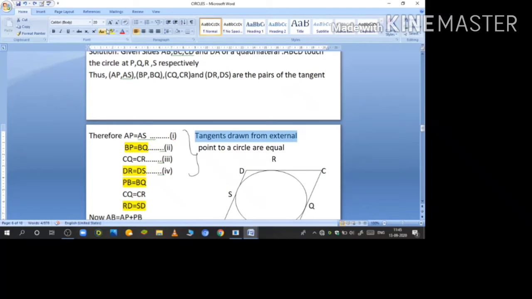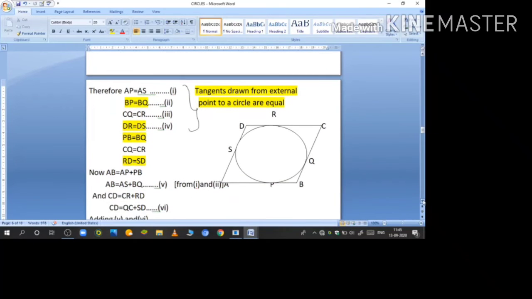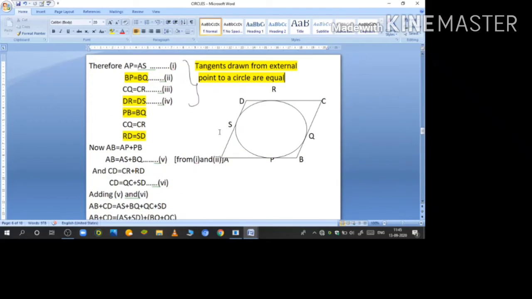Now, you see the length AB. AB can be written as AP plus PB. The line segment AB can be written as AP plus PB. If you see the diagram, AP plus PB. But here we have already told in points 1, 2, 3 and 4 that, according to that, AB can be written as, instead of AP we can take it as AS.